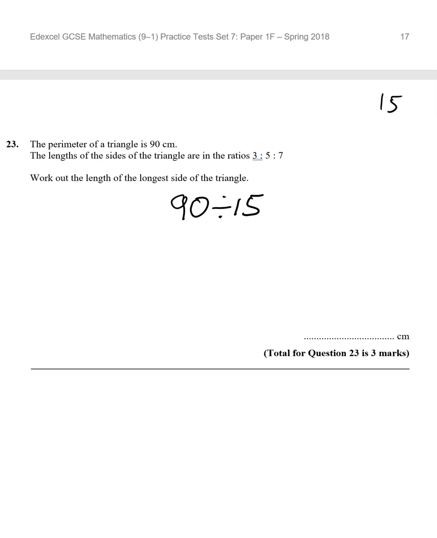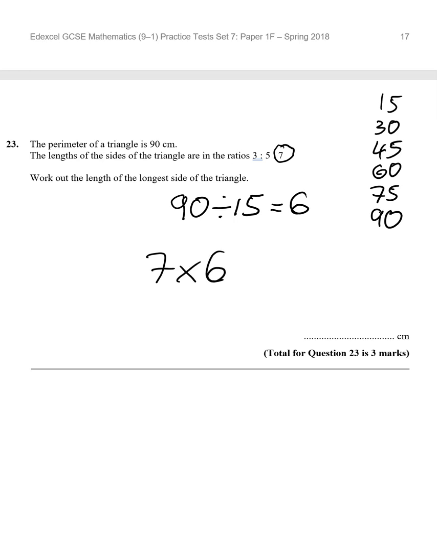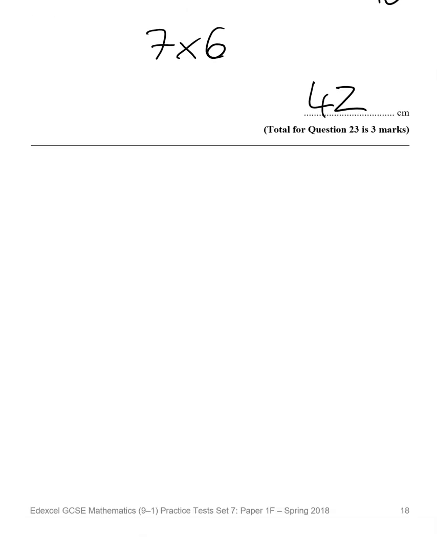Well, let's have 15, 30. You can always write it out if you're not sure. Just going up in 15s. There we go. So 1, 2, 3, 4, 5, 6. So the length of the longest side, well, the 7 is going to give you the longest side. So 7 times 6 is 42 centimetres. So sharing in a given ratio, quite a key topic for this paper.